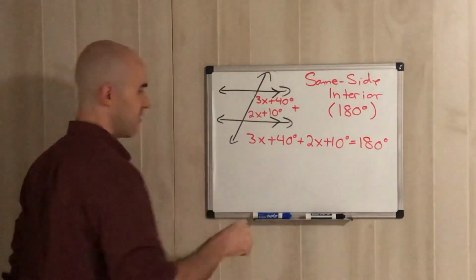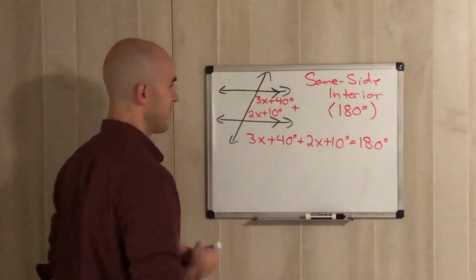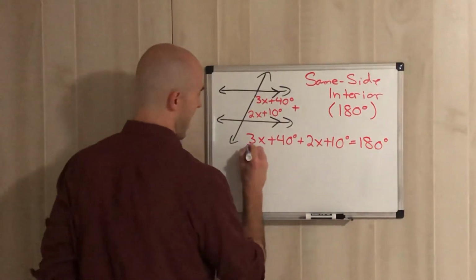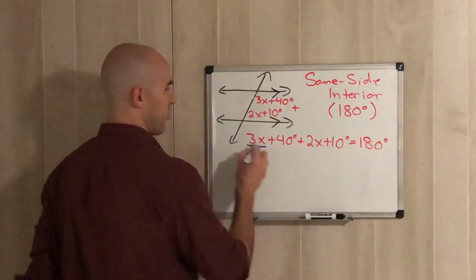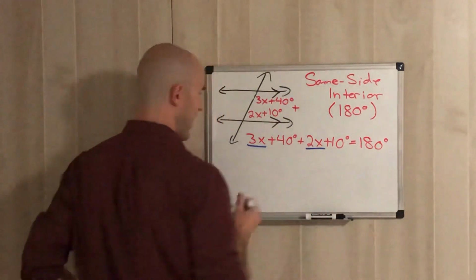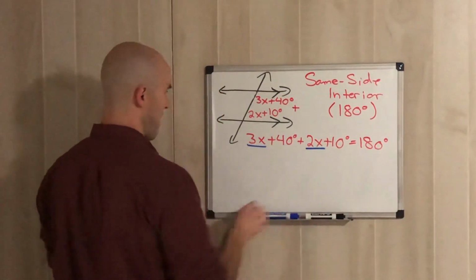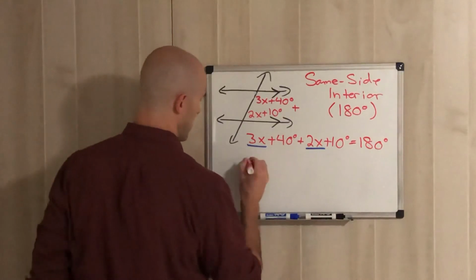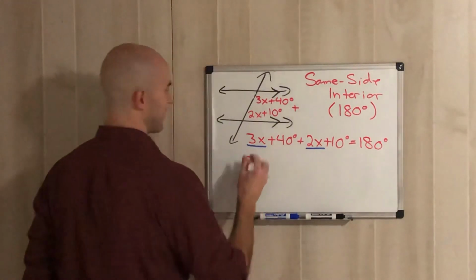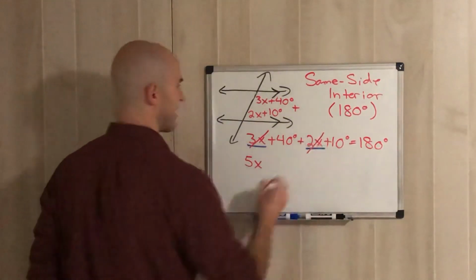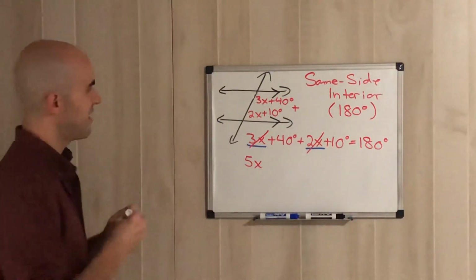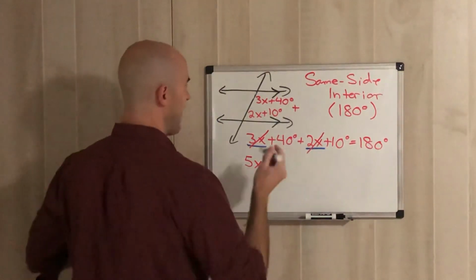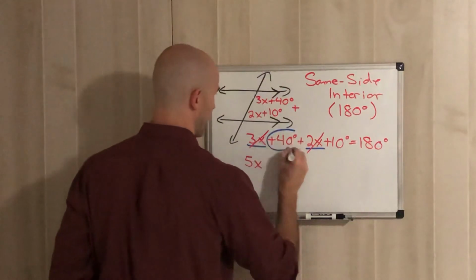Because now with that, all it is, it's just combining like terms, right? So let's look at it. We have 3x, right? We can combine the 3x with the 2x, which is going to give us automatically 5x, right? So right there we have 5x. That's gone, right? When it comes now to combining what we have left, we have a positive 40.